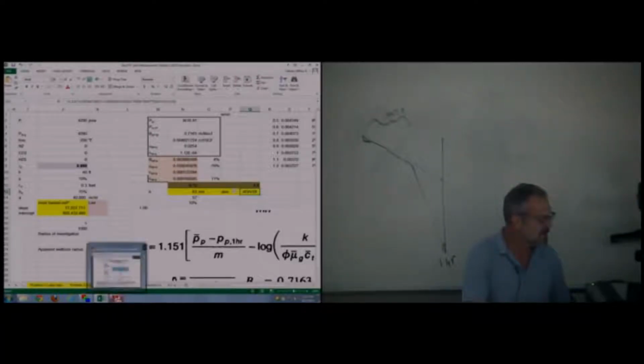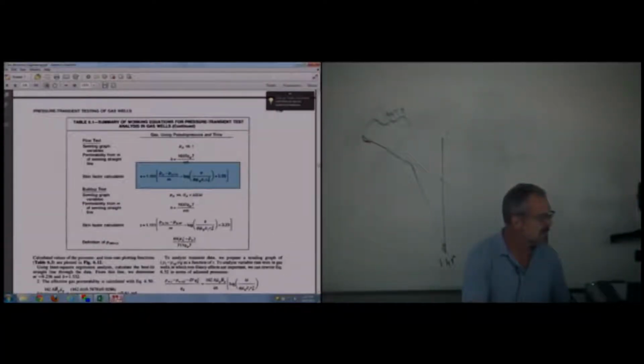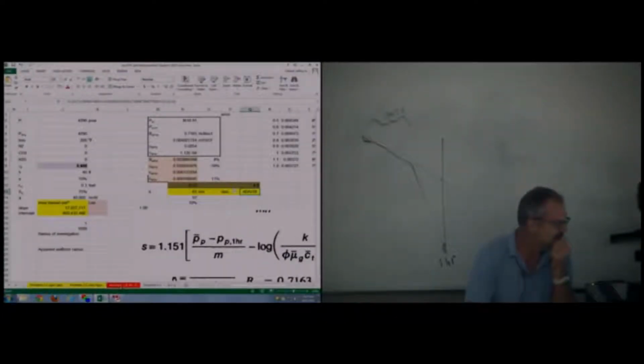I think we're all right because this is a drawdown. Pseudopressure minus pseudopressure at 1 hour. I think we're okay. But I'm still curious.